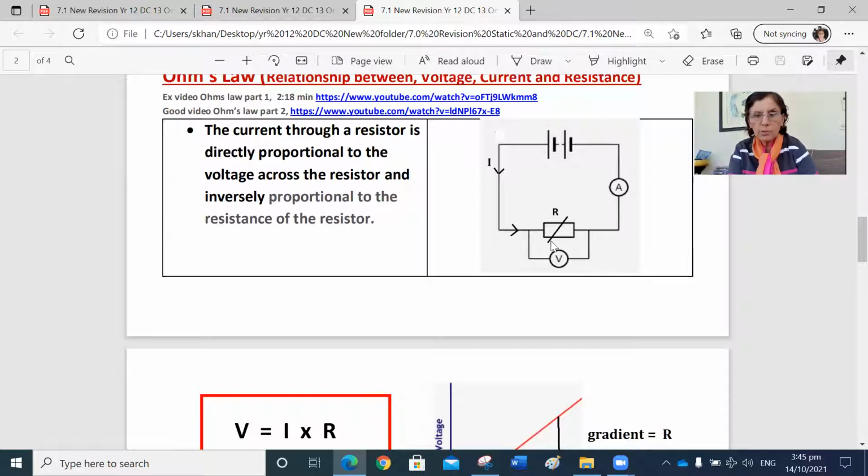So energy used up by this resistor is the same as the energy provided by the battery. If there were 2 or 3 resistors in the circuit, it will still be the same. The energy used up by all the resistors will be equal to the energy provided by the battery, because that's the law of conservation of energy. We're assuming that none of the energy is lost during the transmission or transfer of the energy.